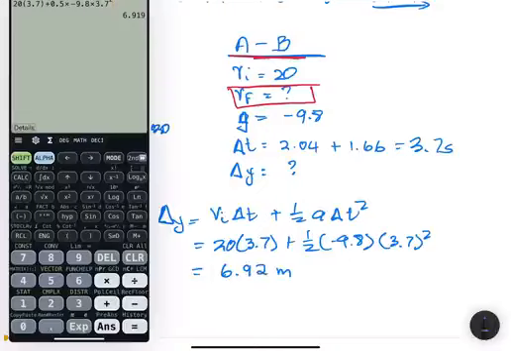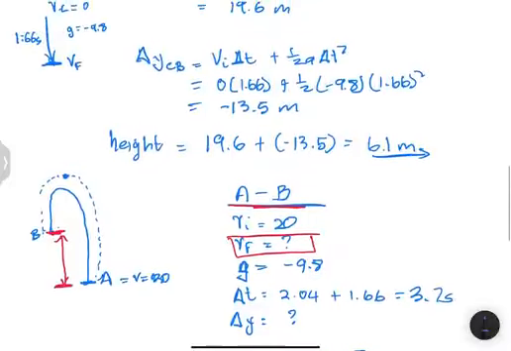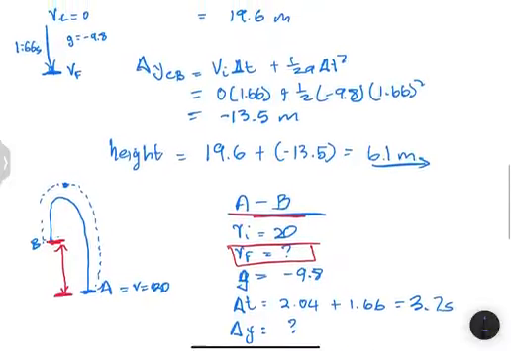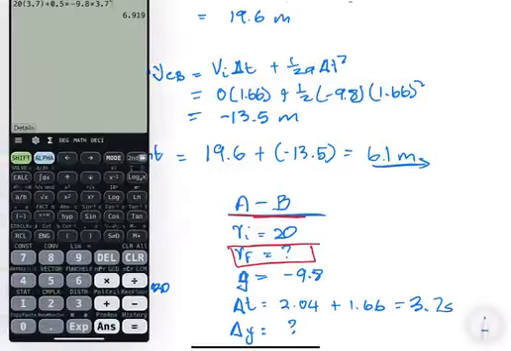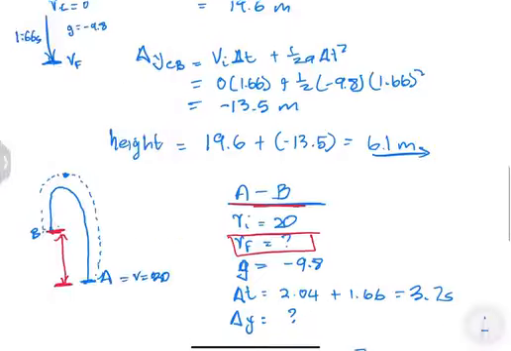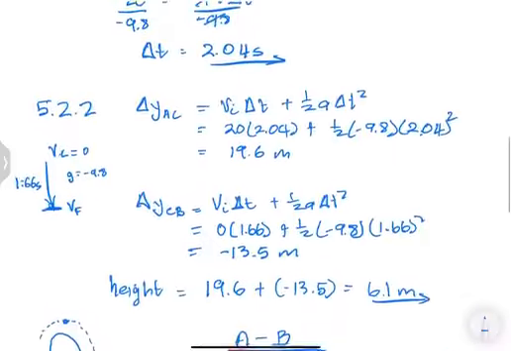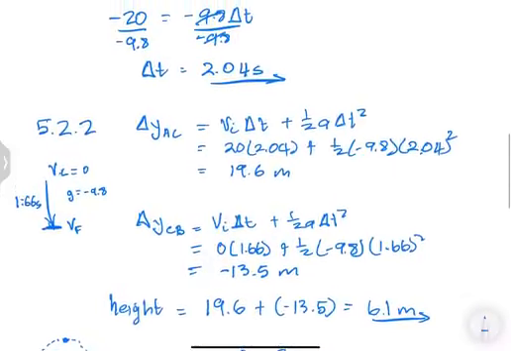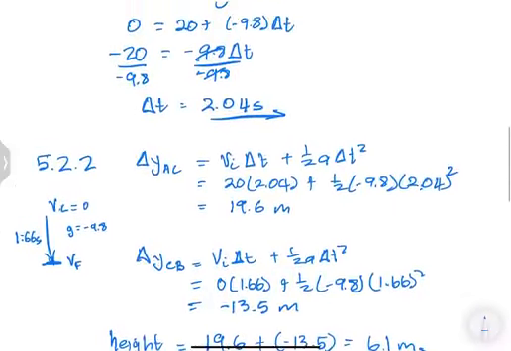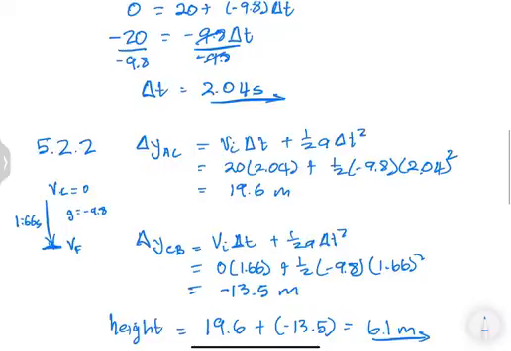So that would give us 6.92 meters, which is almost the same answer as that. Did I calculate that correctly? In the earlier part, 19.6 minus 13.5, I get 6.1. There's a slight difference there. I'm just wondering if I actually calculated that correctly.